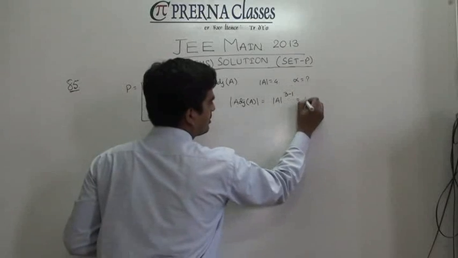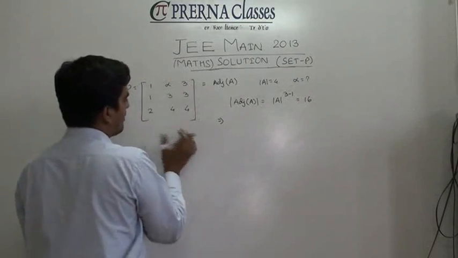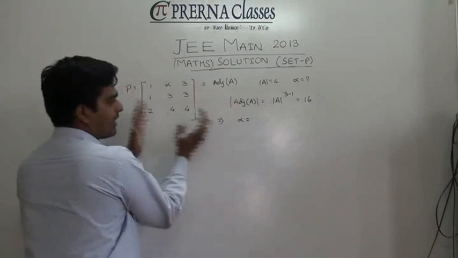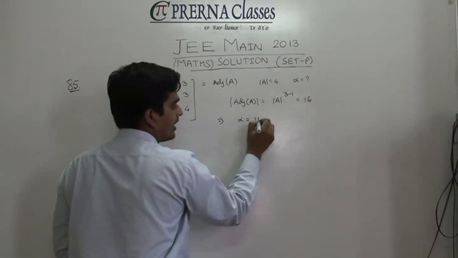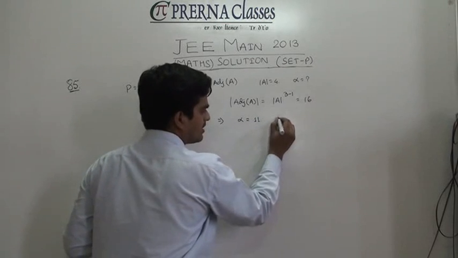Since we have this information, we can write it as 16. If you simplify the determinant value of this, you will end up getting alpha as 11, which is, I guess, the second option.